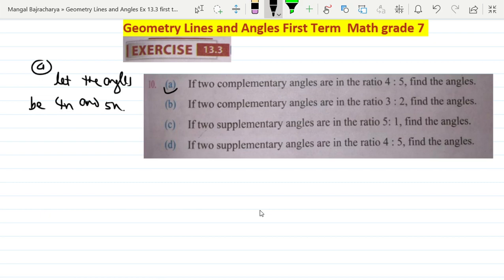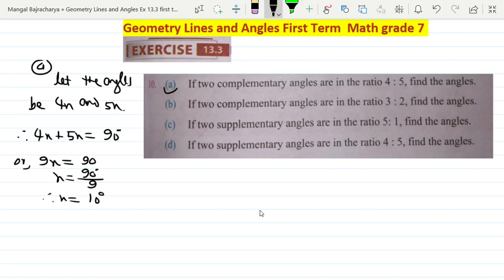Obviously, as these are complementary angles, their sum is 90 degrees. So 4x and 5x, their sum is 90 degrees, since they are complementary angles. We know that complementary angles are those whose sum is 90 degrees. Now their sum 4x plus 5x gives 9x equal to 90, and then you bring 9 down for dividing, so you get x equal to 10 degrees.